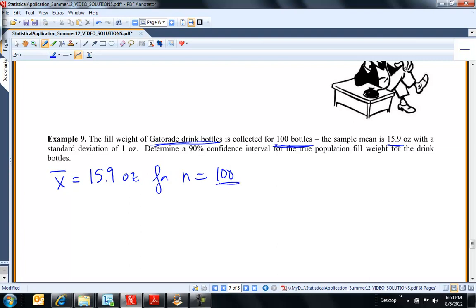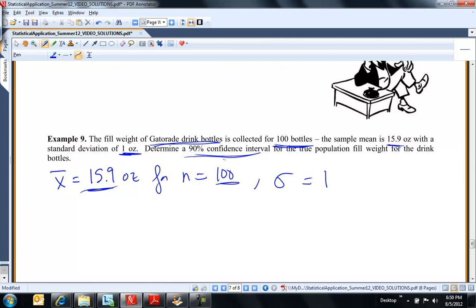So you took 100 bottles to get that 15.9 with a standard deviation of 1 ounce. It's not clear on this if this is sigma or S, but we don't have any other data, so we have to use this as our sigma anyway. So sigma equals 1. Determine a 90% confidence interval for the true population fill weight.